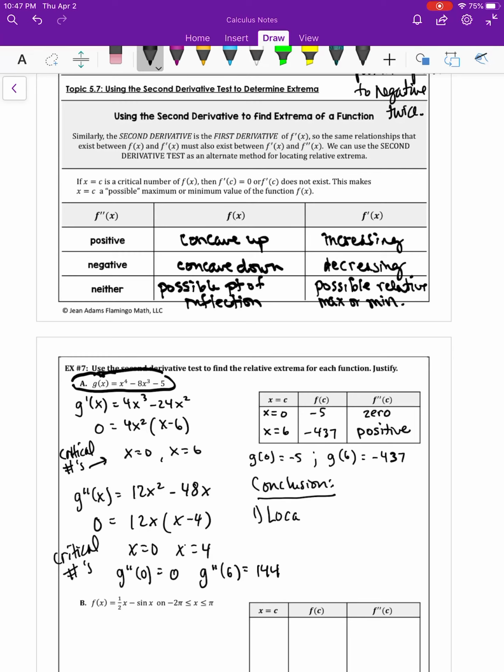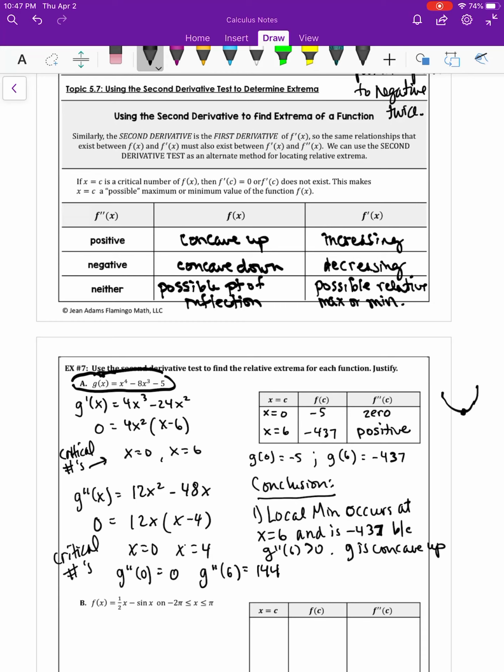This tells us that number 1, we have a local min that occurs at x equals 6 and is -437 because g double prime at 6 is greater than 0.